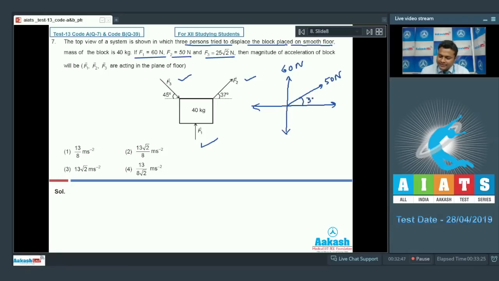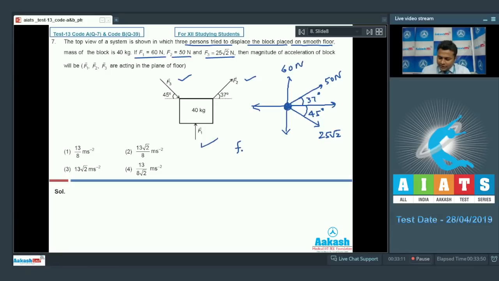This angle is 37, given. And one more is F3, at 45 degree, but in this direction. F3 is 25 under root 2 at an angle of 45 degree. So this is the equivalent diagram, and here is the block, 40 kg block.